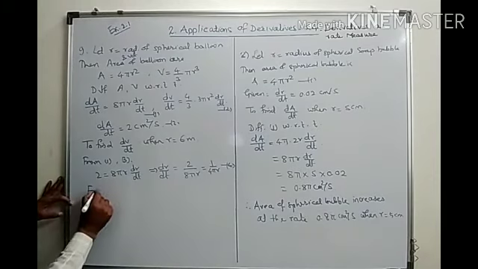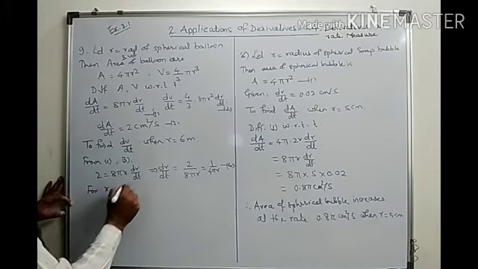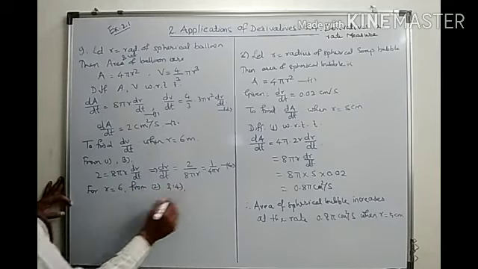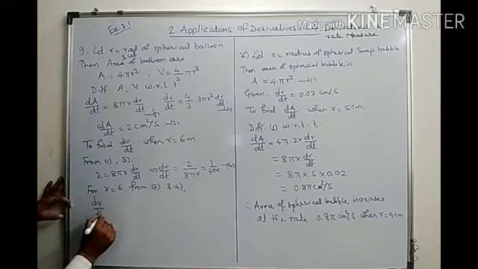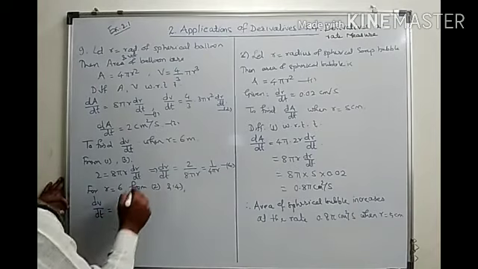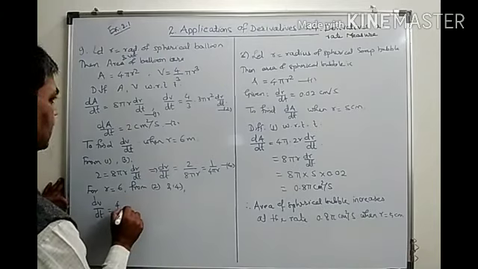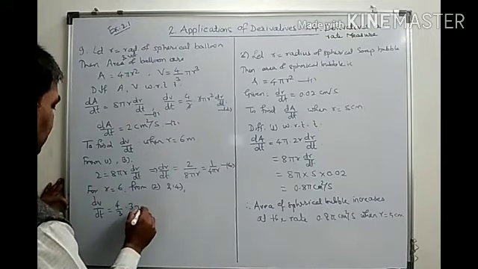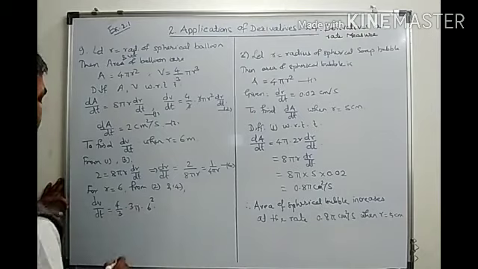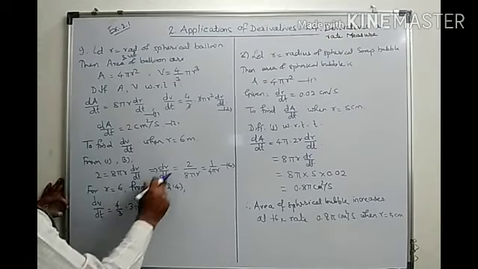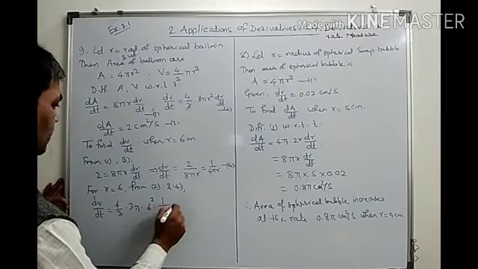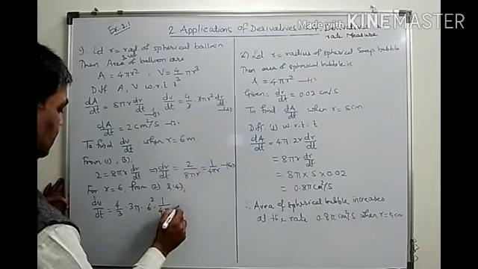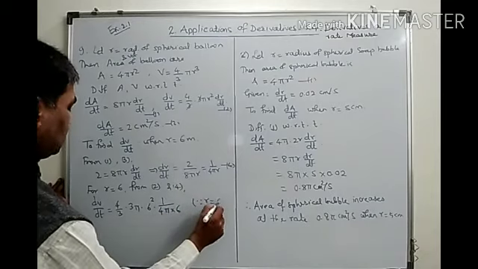For r is equal to 6, from 2 and 4, dV by dt is equal to 4 by 3 into 3 pi r square, which is 6 square, into dr by dt, which is 1 upon 4 pi into r, which is 6.